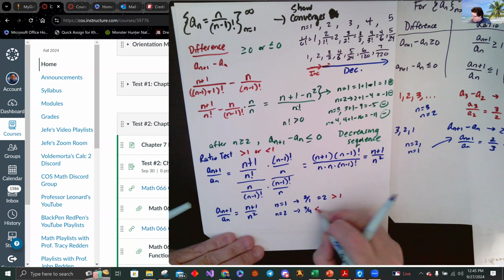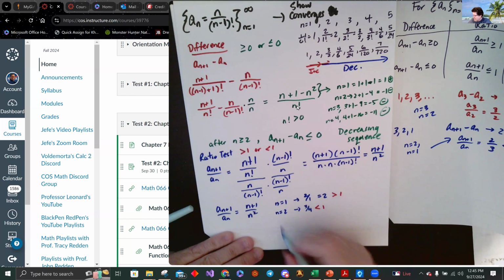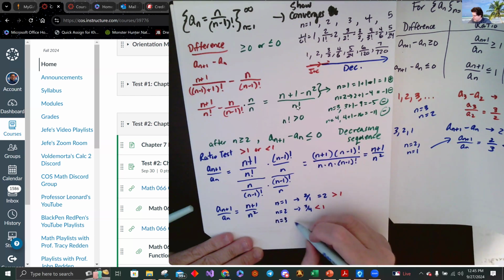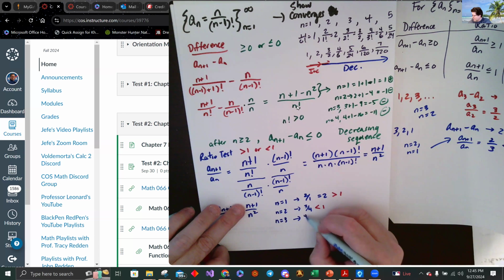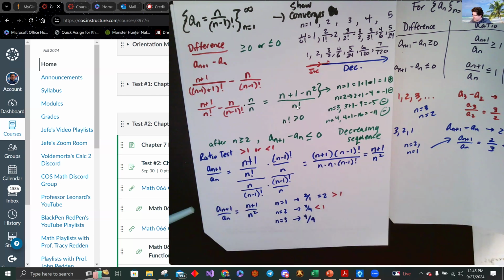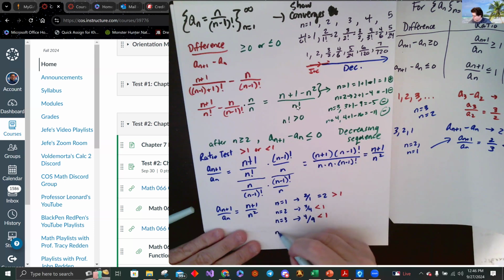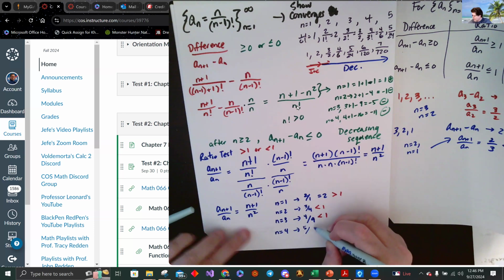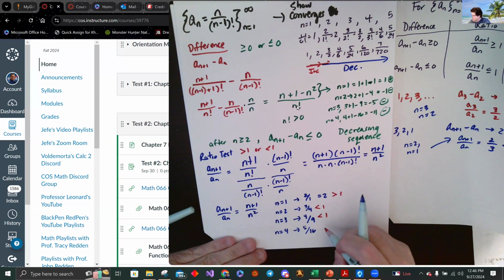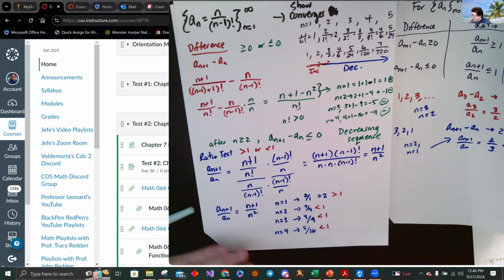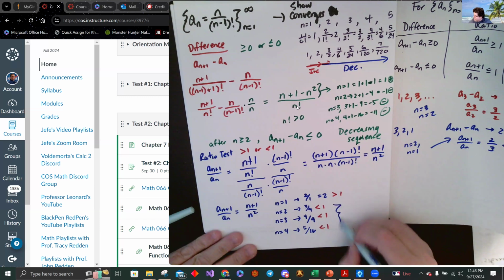This is less than 1. N equals 3 is 3 plus 1 is 4 on top, 3 squared is 9 on bottom. This is less than 1. I'll do one more. 5 on top, and 4 squared is 16. That's less than 1. So eventually it shows that it's also decreasing here. Eventually decreasing also.